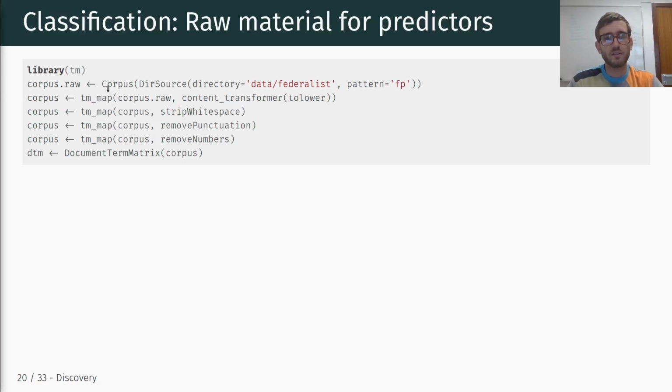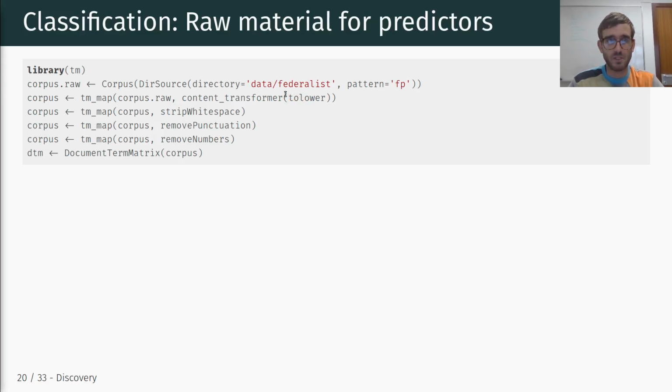Okay, and then there are a couple of pre-processing steps that we're going to engage in, and each of these is completed using the tm_map command. We always start with the raw corpus, and then we transform all the characters of the string vectors into lowercase characters.